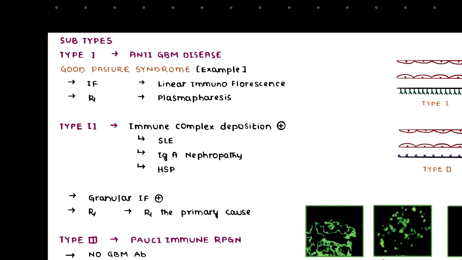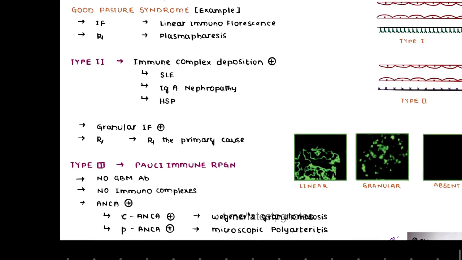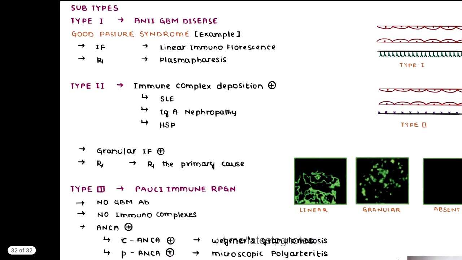Important examples of type 2 are SLE, IgA nephropathy, which we will discuss in the condition of Buerger's disease, and similarly HSP.